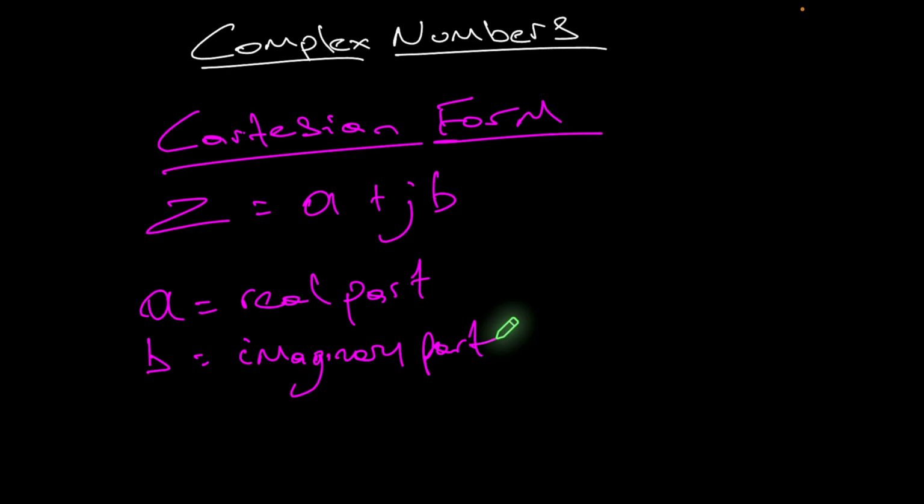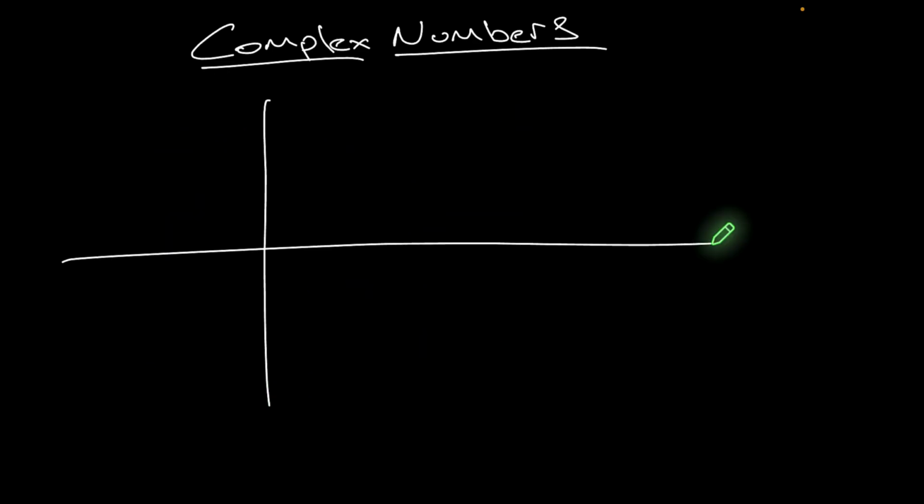Now this allows us to do a few things. We can represent this now in different formats. One of them is something known as the Argand diagram, which is one way to represent complex numbers as a vector, and I'm going to show you how that is done now. So think of this as our coordinate grid, and j will be on the vertical axis, so this would be our j axis, and on our horizontal axis, this will be our real axis.